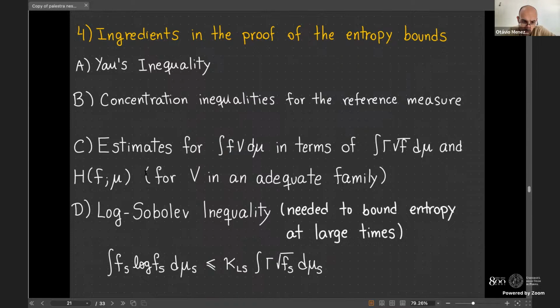With those, you can get an entropy inequality that behaves well with respect to the size of the system, but you have estimates which are bad for large time. So if you want to say something useful for large times, then those need to be combined with inequalities such as the log-Sobolev inequality, in which you bound the entropy by the Dirichlet form.